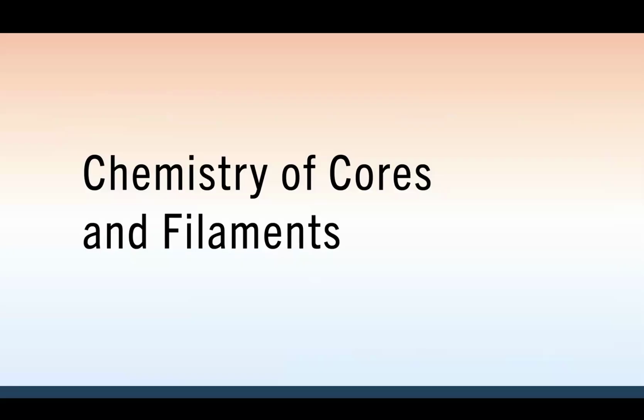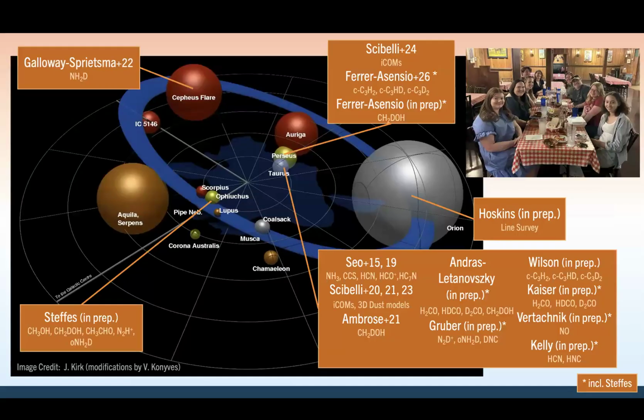So with my last few minutes, I'd like to point out some of the work of some of the undergrads who I believe just left, and look at some of the work that they've done with chemistry of cores and filaments. Yancey Shirley's group here at the University of Arizona does a ton of work looking at chemical surveys in these Herschel-Gould Belt molecular clouds.